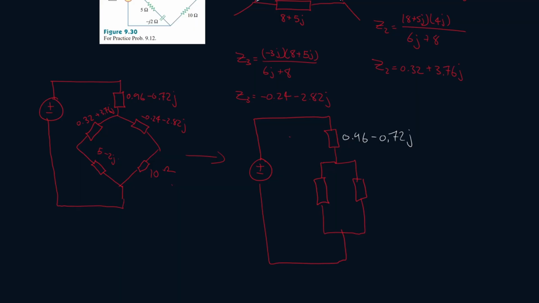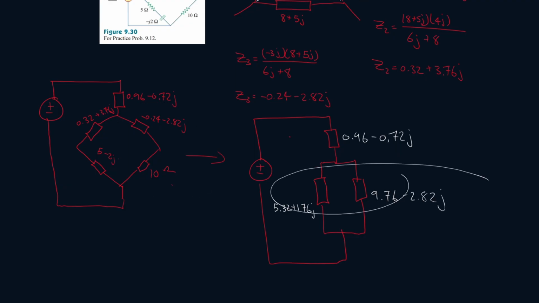So 0.32 plus 5 is 5.32. Then 3.76 minus 2 is 1.76j. For this portion, minus 0.24 plus 10 is 9.76 minus 2.82j.